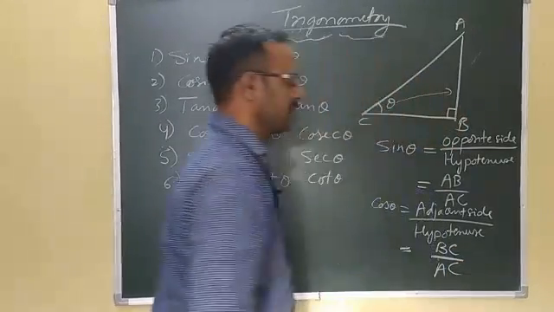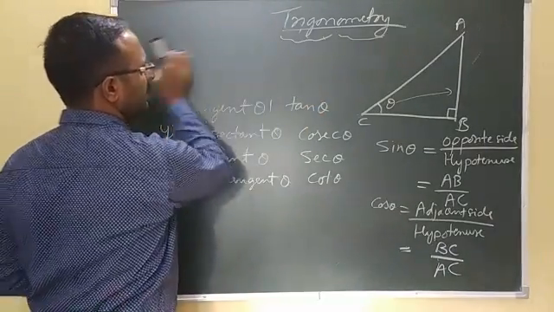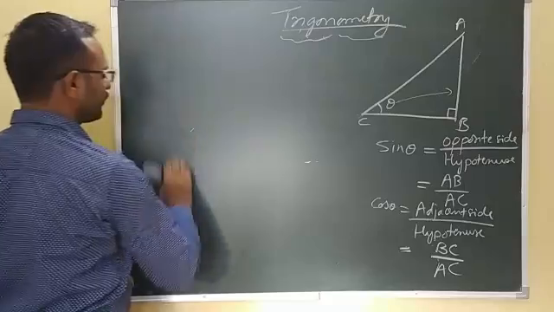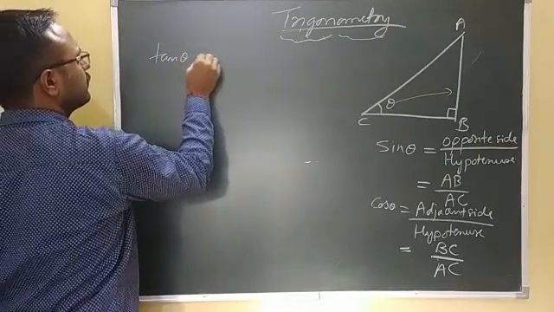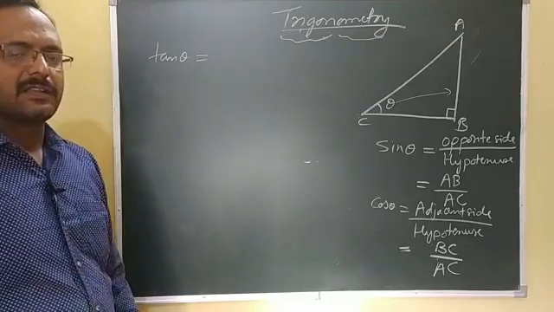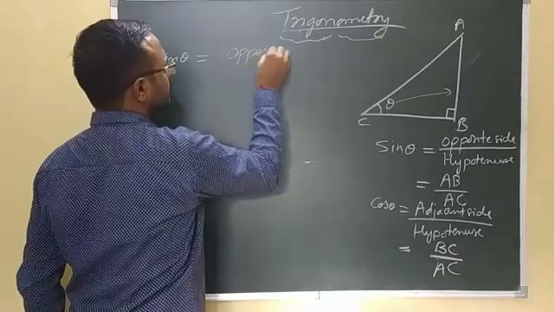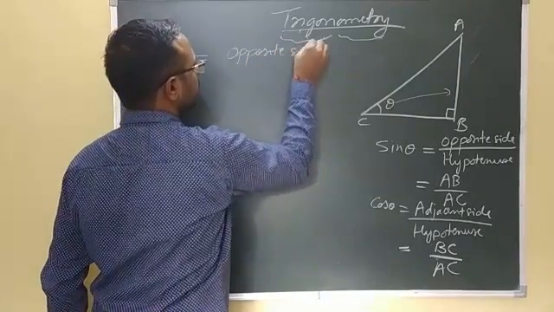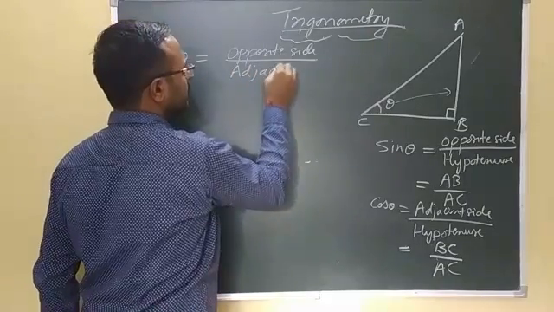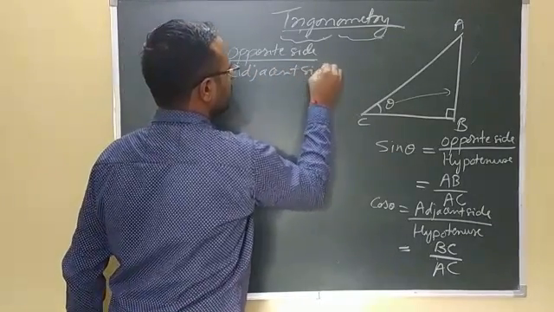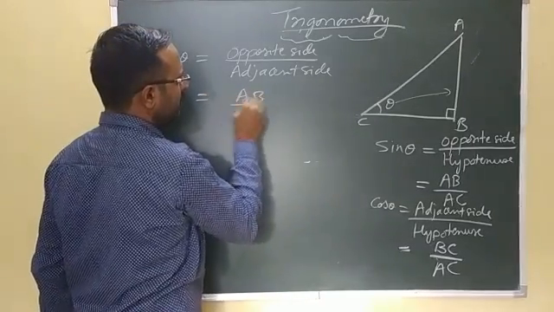So this is equal to BC upon AC. Next is our tan theta. Tan theta is equal to opposite side upon adjacent side, which is equal to AB upon BC.